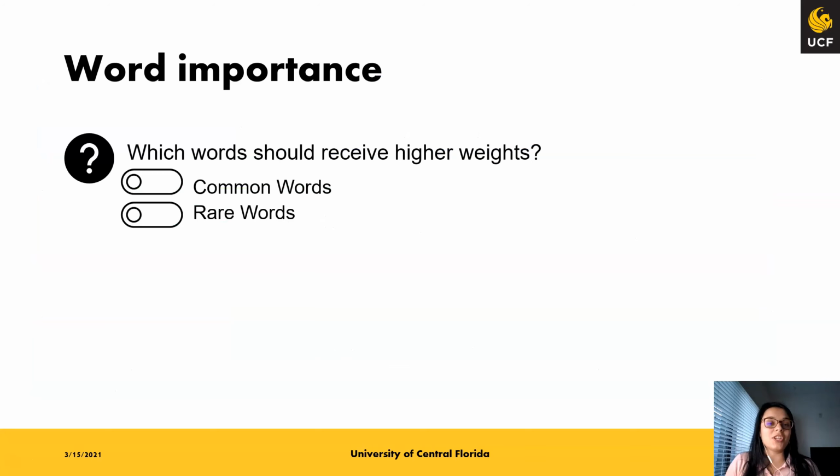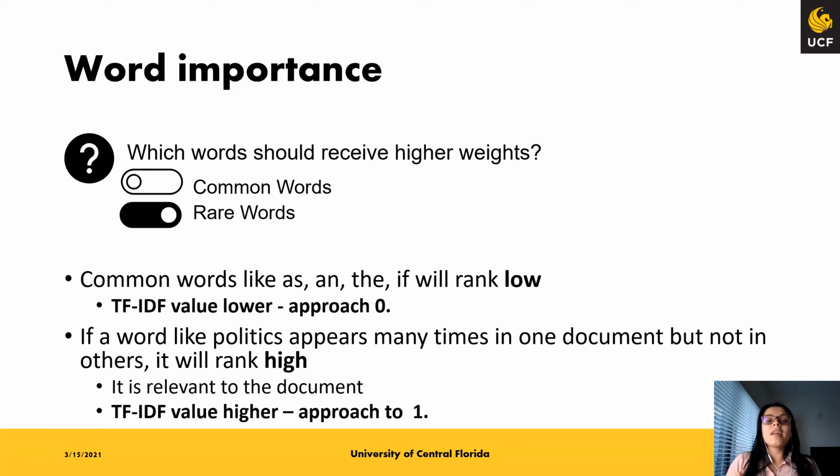So here's a question. Which words should receive higher weights? The common words or the rare words? The rare words. Why is that? Because common words like "as" and "the" will rank low because they appear a bunch of times.